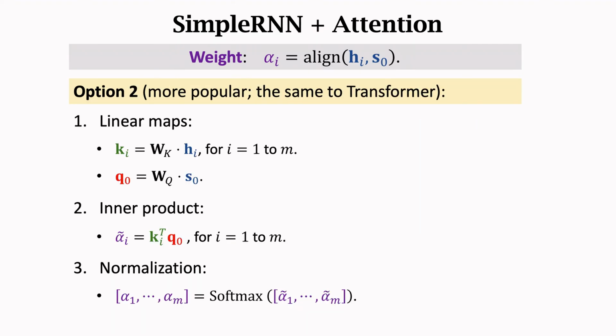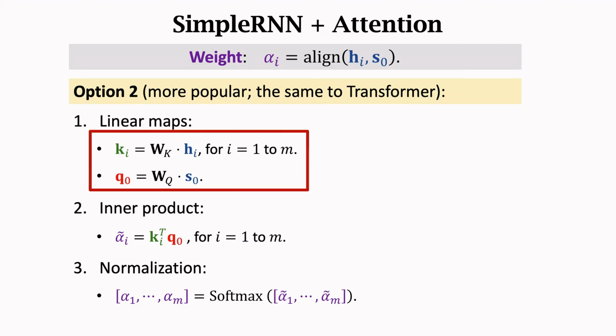Here is another approach, and this is more popular today. The transformer model uses this approach. It has 3 steps. First, apply 2 parameter matrices Wk and Wq to Hi and S0 respectively. The 2 parameter matrices will be learned from data. The resulting Ki and Q0 are vectors.